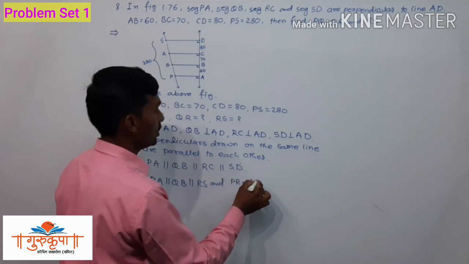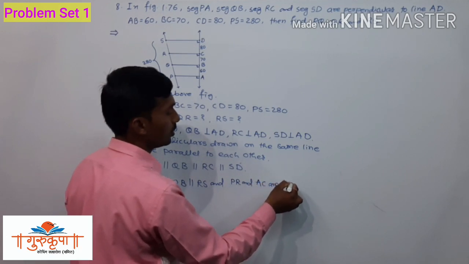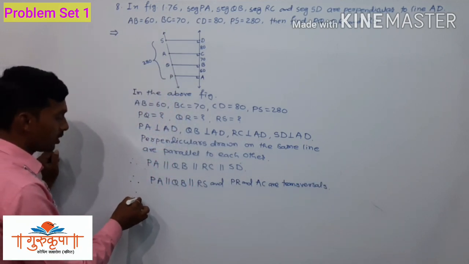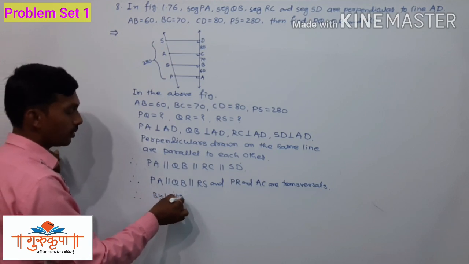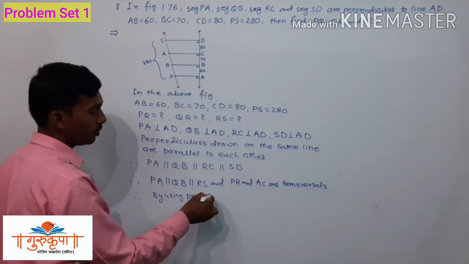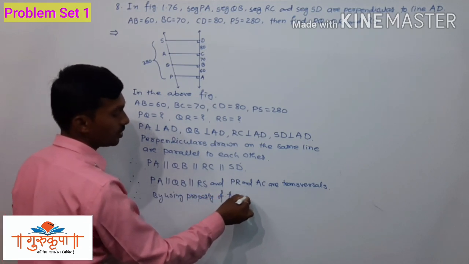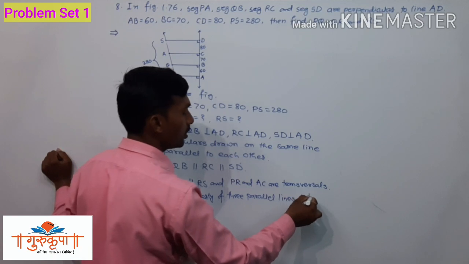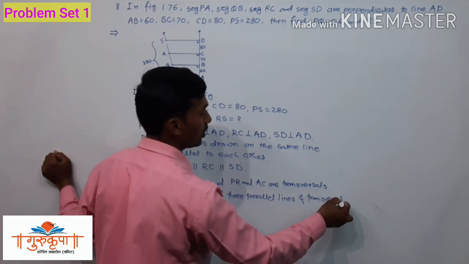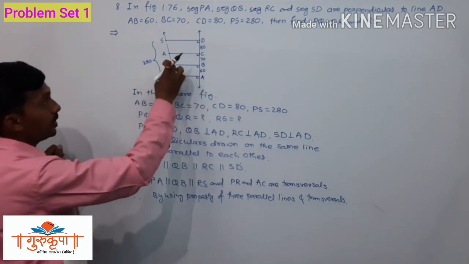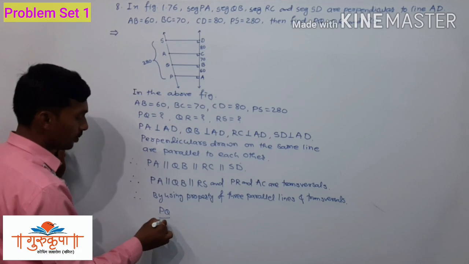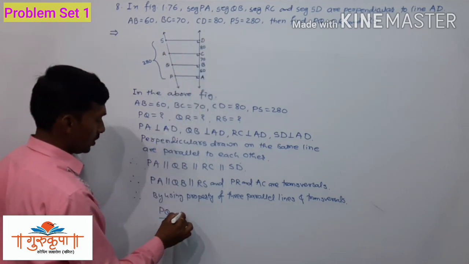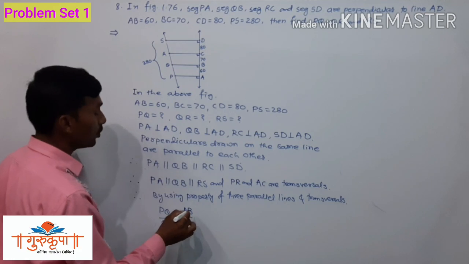So by using the property of three parallel lines and their transversals, we can write PQ upon QR is equal to AB upon BC, not AC.